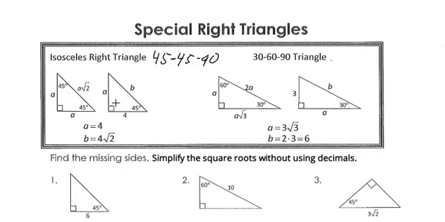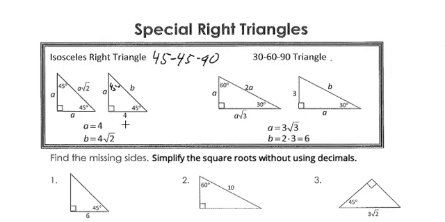So in this example right here, they're telling us that one of the legs has a length of 4. Well, since it's a 45-45-90 triangle, by the way, if we have a 90 and a 45, we automatically know that the other angle is 45 because they have to add up to 180.